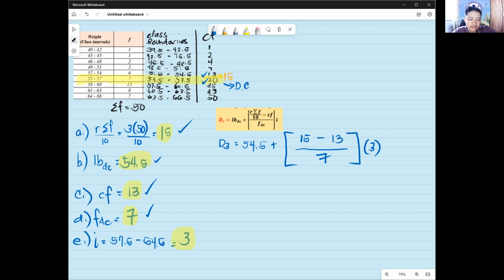Sige nga, press this in your calculator. What's your third decile? Type it in the chat box, please. Okay. One already has sent the answer.